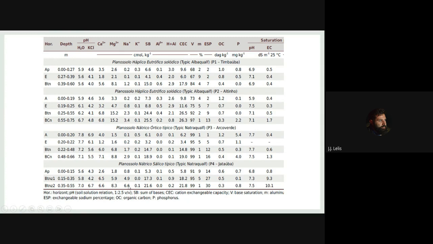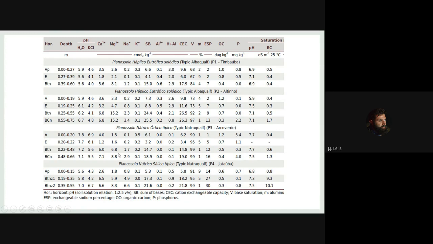And if we calculate the saturation of sodium, the exchangeable sodium percentage here is 13%. So it's very, very high. It's higher than 15. In this last soil profile, this BTNZ2 horizon and BTNZ1 horizon, they possess more than 15% of cation exchange capacity fulfilled by sodium, only by sodium. So they both could be classified as a natric horizon.